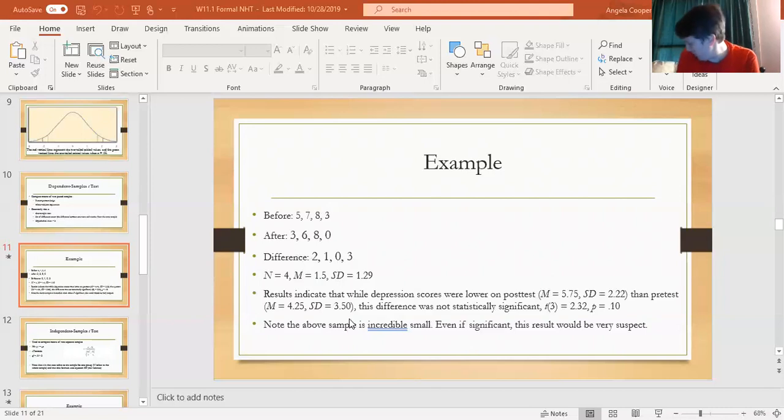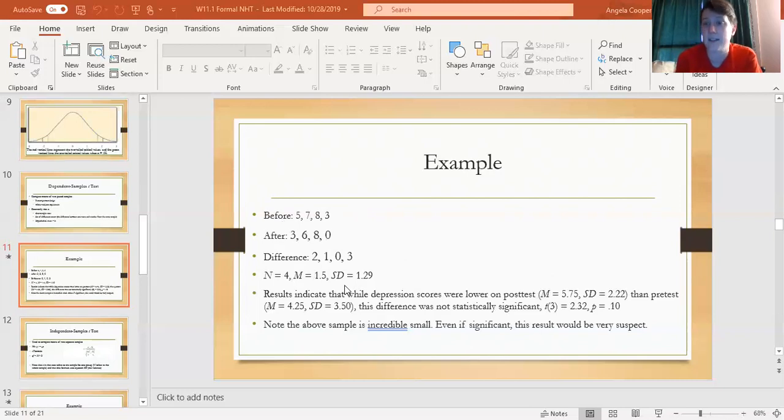If we were to analyze this with a dependent samples t-test, we'd say results indicate that depression scores were lower on post-test, since this is a depression inventory. Here we're taking the average as we report it.